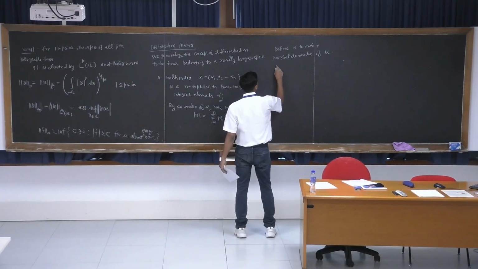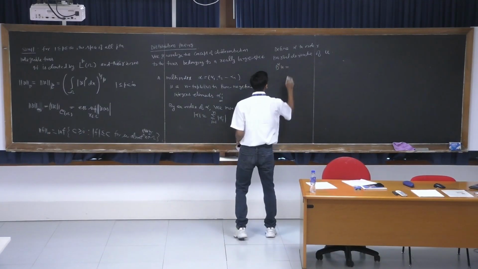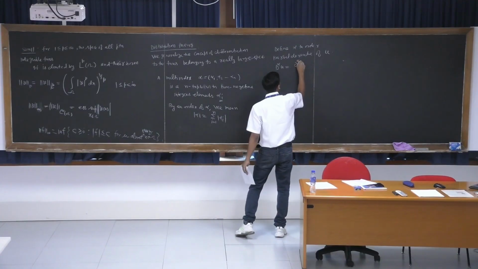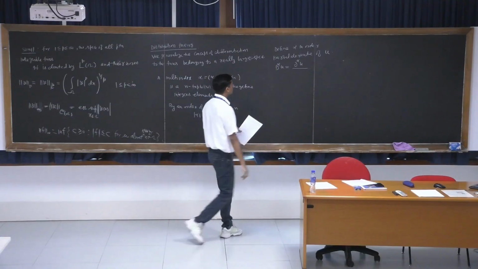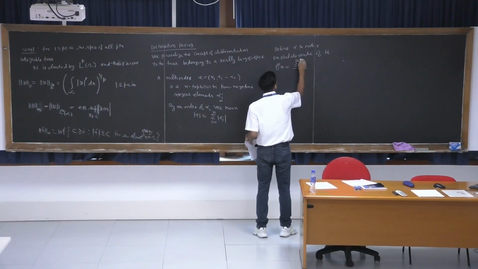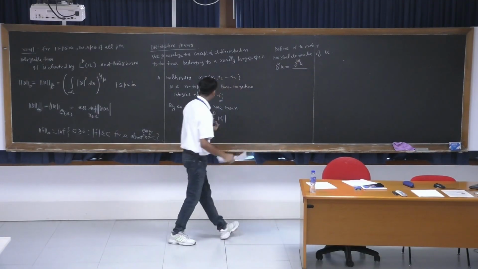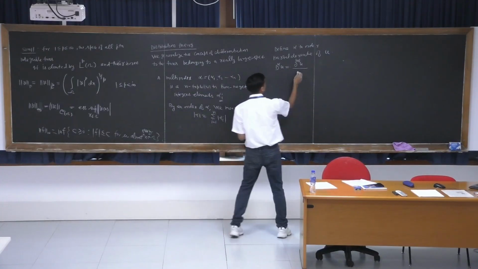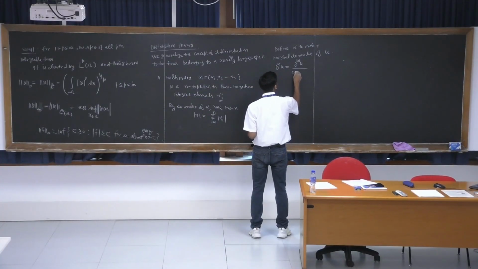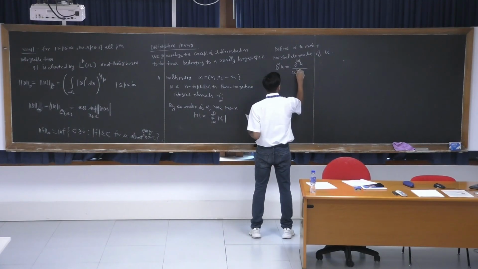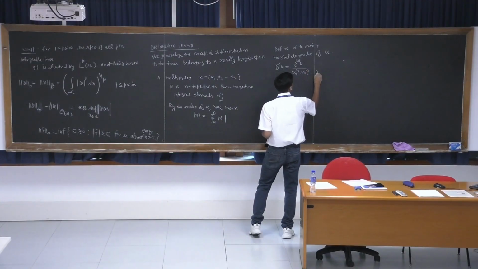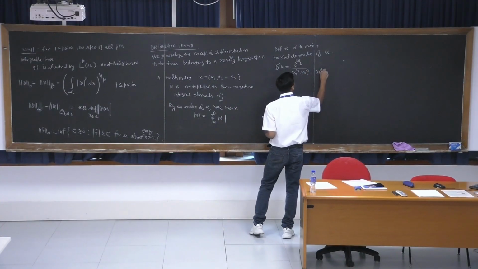I will write D alpha u, which equals the modulus of alpha order derivative of u over partial x1 to the alpha 1, x2 to the alpha 2, and xn to the alpha n.